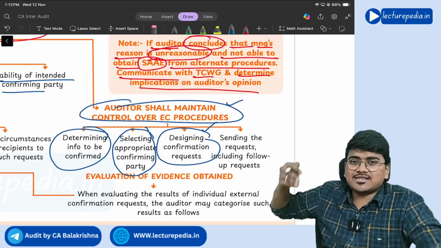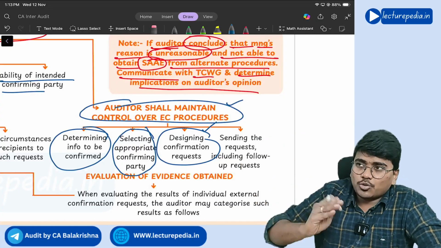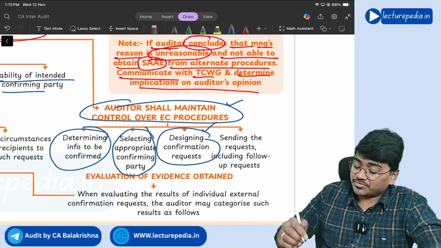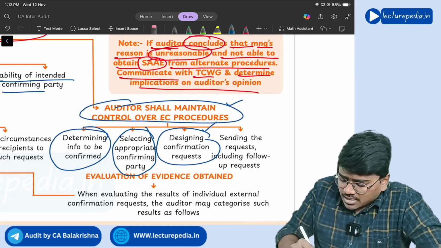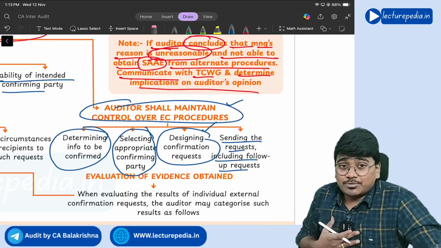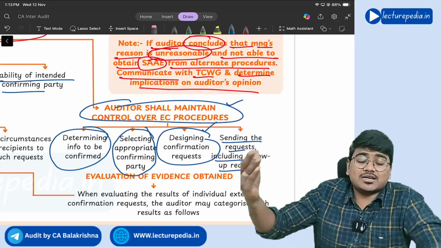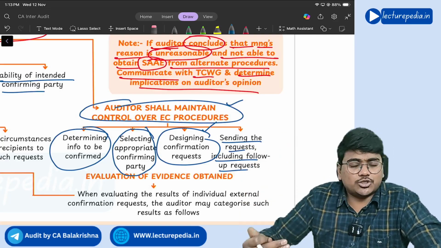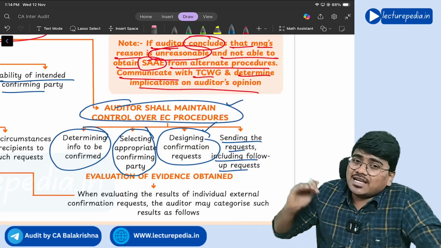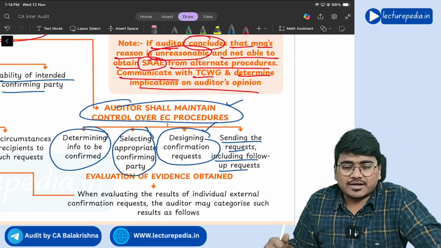So there is a high chance that he will respond if you give the request on the letterhead of the management. Next, sending the request including the follow-up request. The auditor himself has to send the request, and the follow-up request should also be made by the auditor himself. He should not assign this task to any third party.